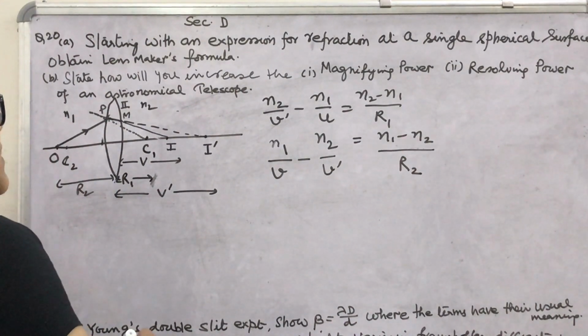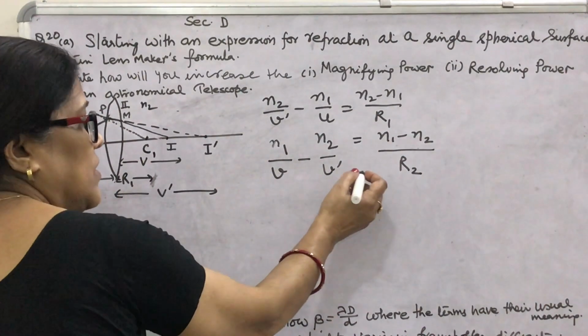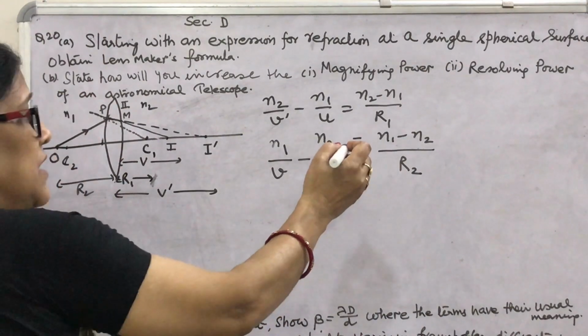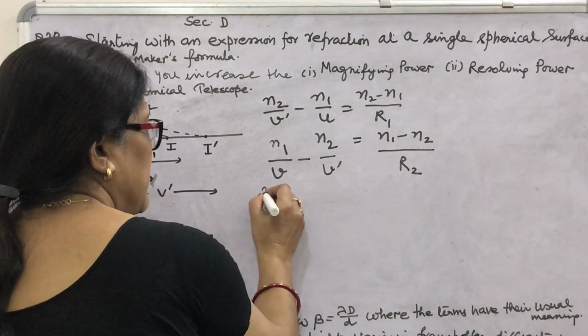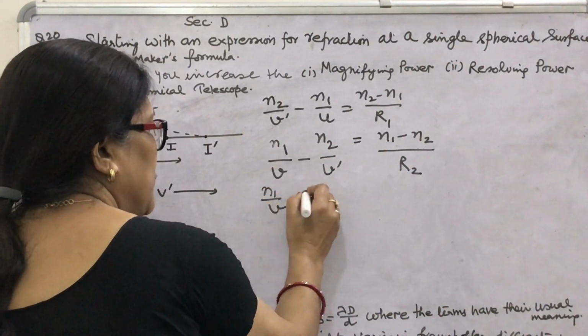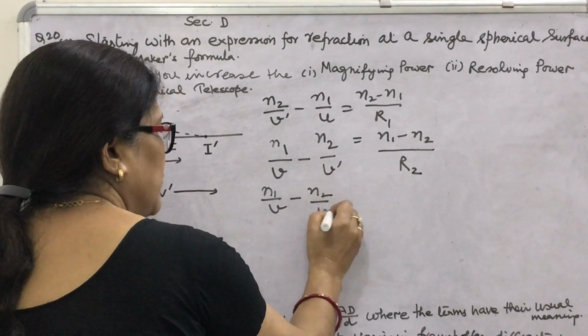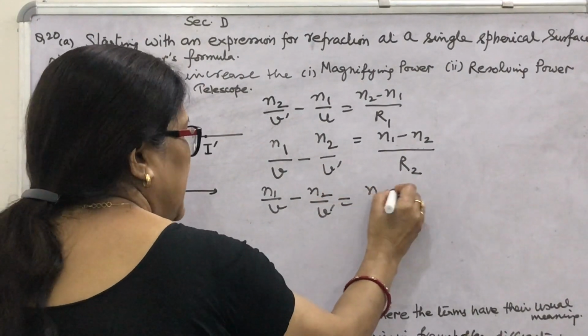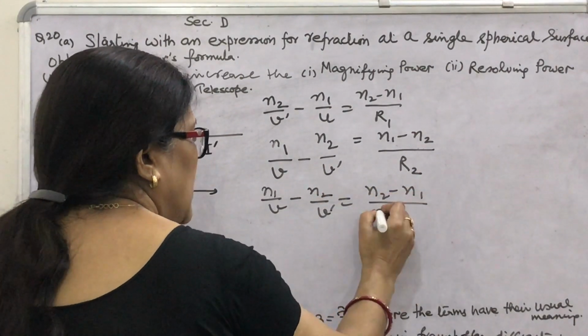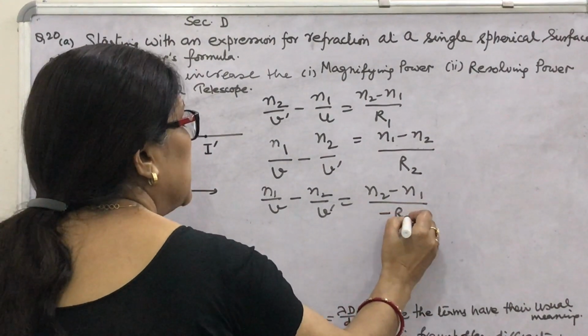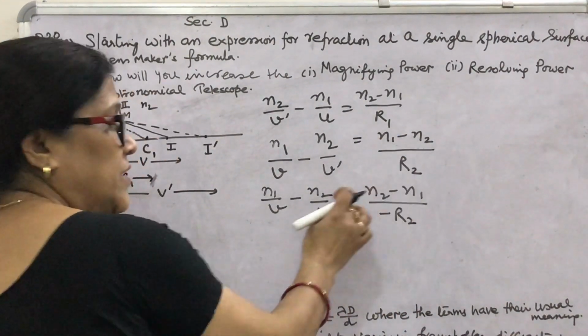Now this can be written as N1 upon V minus N2 upon V dash equal to N2 minus N1 upon minus R2. Can it be written or not?